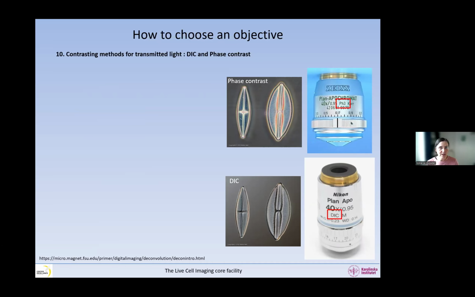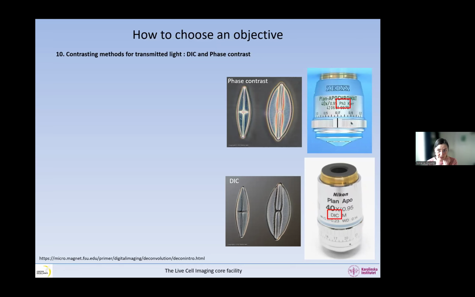To increase the contrast, we can use optical elements, like for differential interference contrast or phase contrast. So these are the two images acquired in transmitted light with these two contrasting techniques. And you can see on the objective that here it is written pH3, and that means this is a phase objective. And you can see in here it's written DIC, and that means it's an objective for DIC.